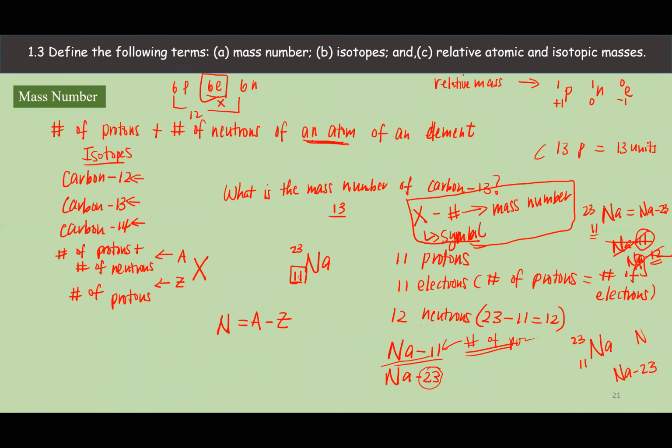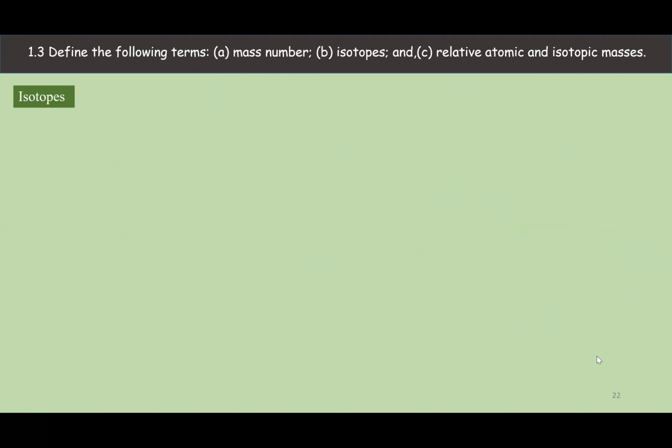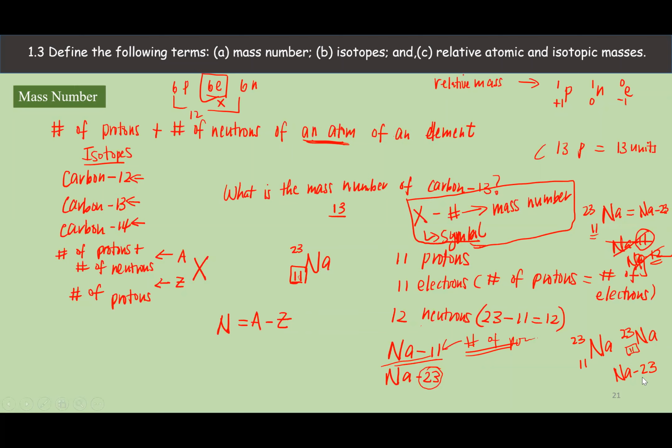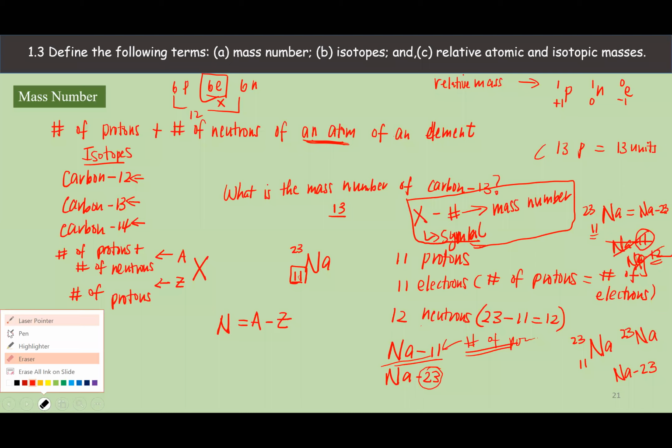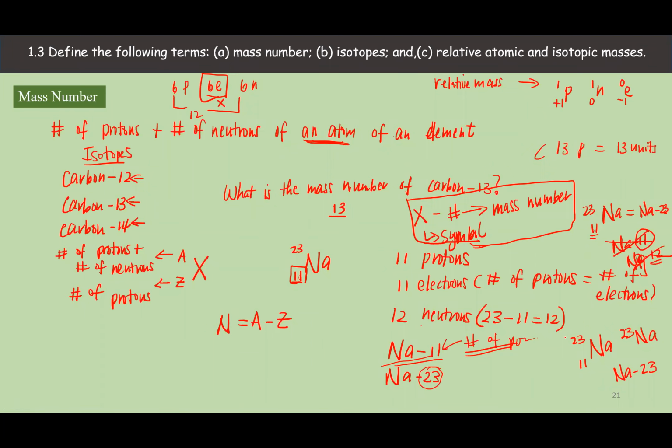Sometimes we can even just write Na23, and it's understood that this number at the bottom here is 11, because the atomic number of sodium cannot be any other value. It has to be 11. So we don't even have to specify anything at the bottom there. So these are three different ways in which we can write the notation for an element.